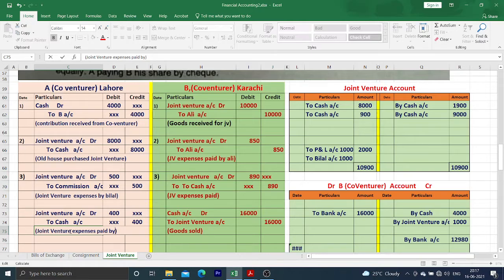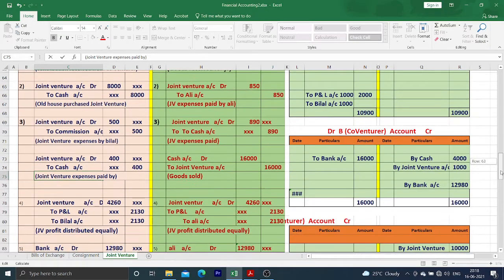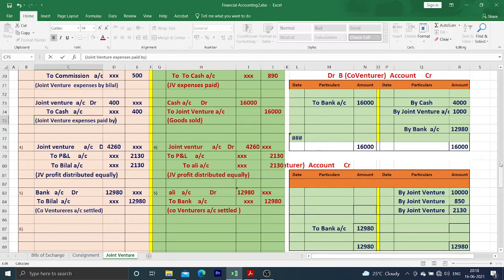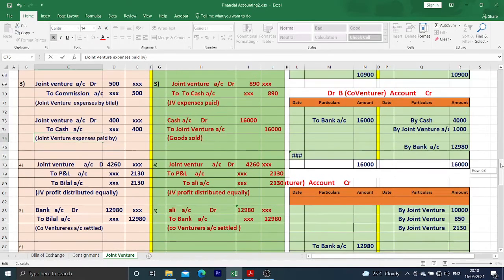In the books of A, we can't write A itself. Okay? Right. So next, sales also we recorded. 9,000 is the sale of the old house.